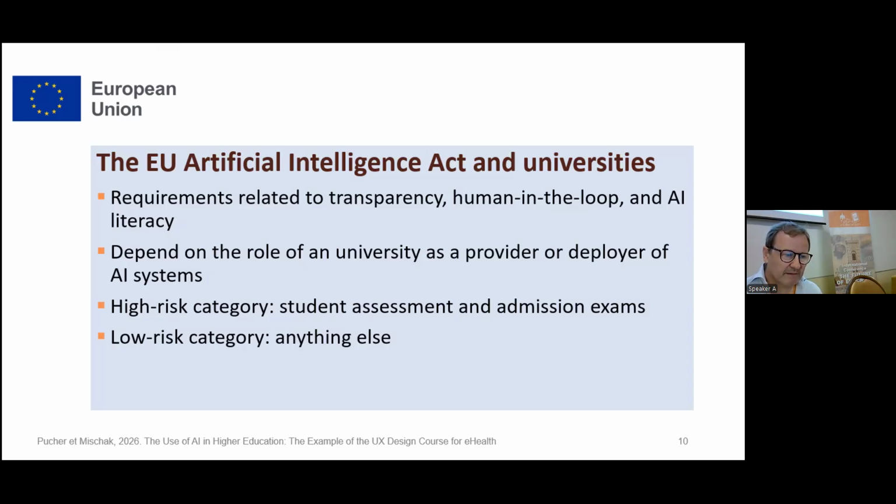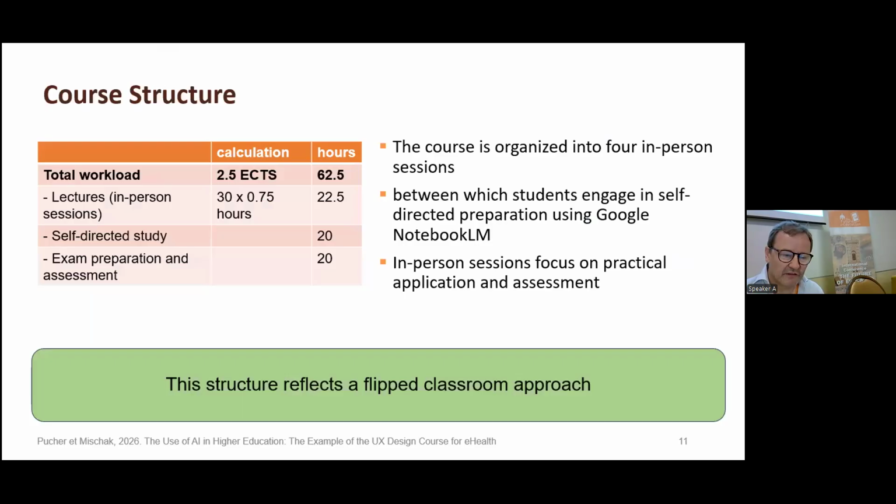So that's the background for our university, and the course structure of this course is as follows. We have 2.5 European credit transfer points. We calculate 25 hours per point, so it is about 60 hours, and there are three parts.